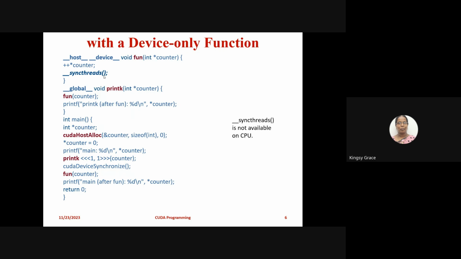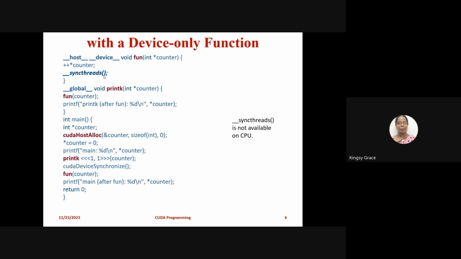While performing the dot product, we used sync threads because if 8 or 10 threads are calculating the pairwise products, all the pairwise products have to be completed, and only then can we go on with adding them.